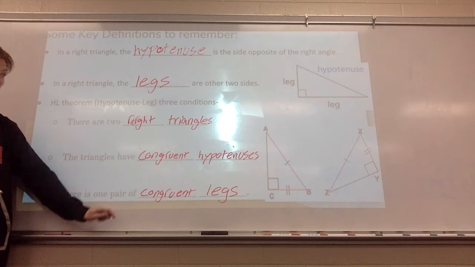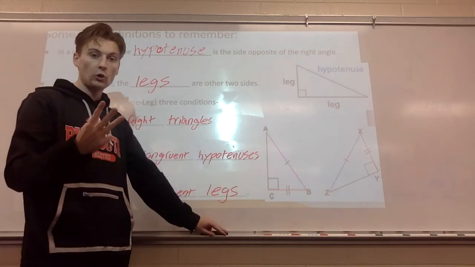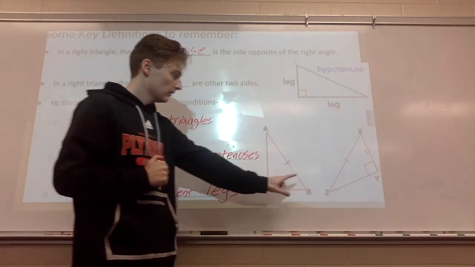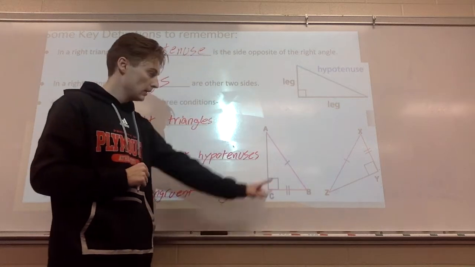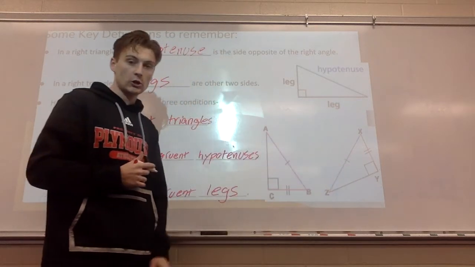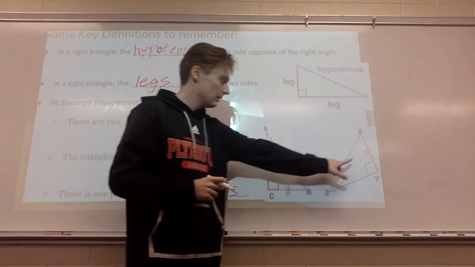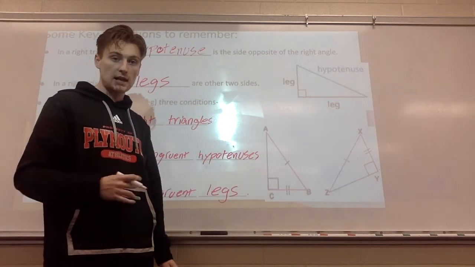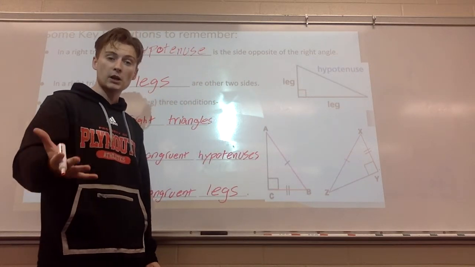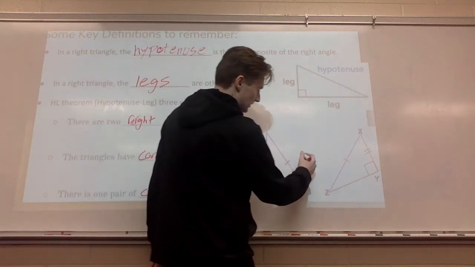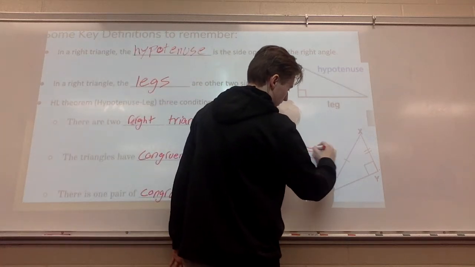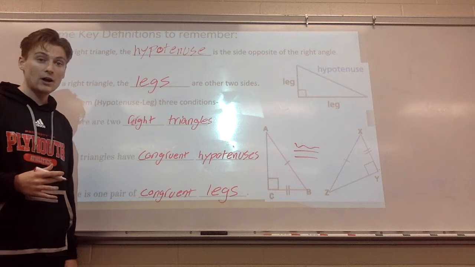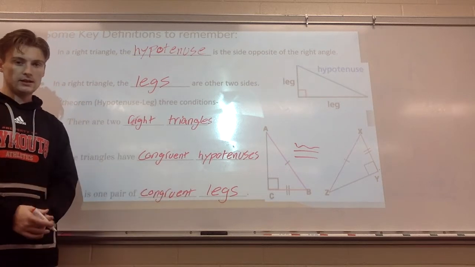Yes or no? Over here, notice all 3 of our boxes are checked. These are 2 right triangles. Our hypotenuses are congruent. And we have 1 pair of congruent legs. So I could say that these 2 triangles are congruent to each other. How? The hypotenuse leg theorem.